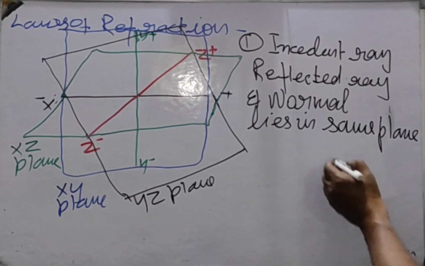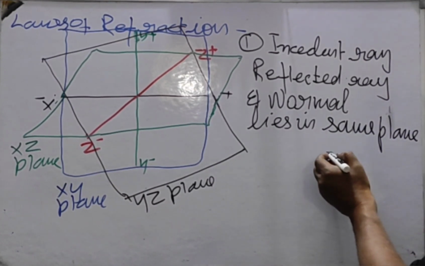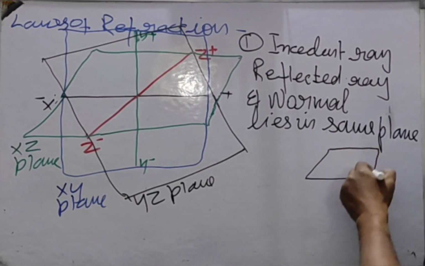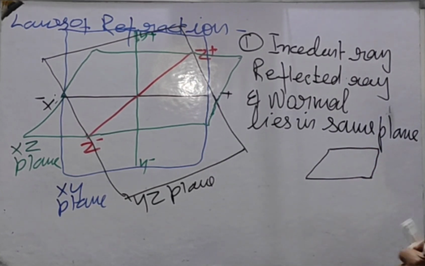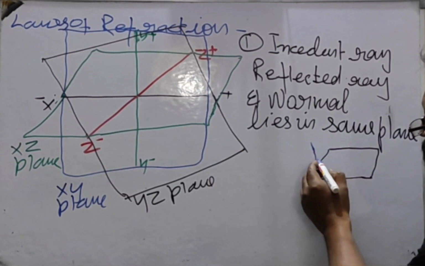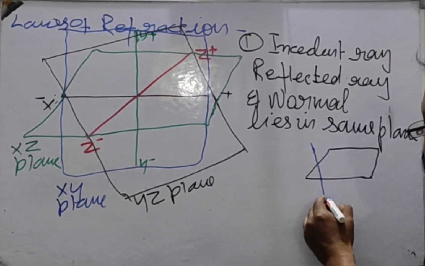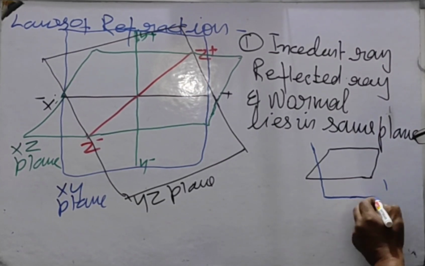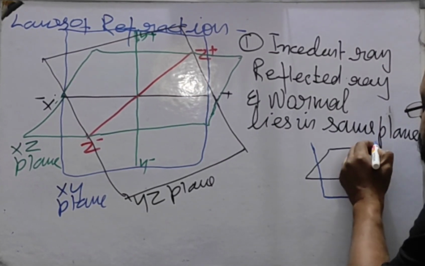If we can have a better understanding of this three-dimensional structure, it is like this. Then we have, oh sorry, this is like this, right?